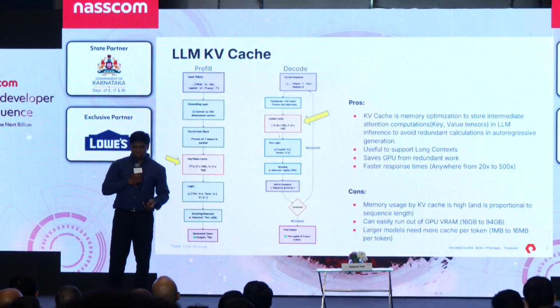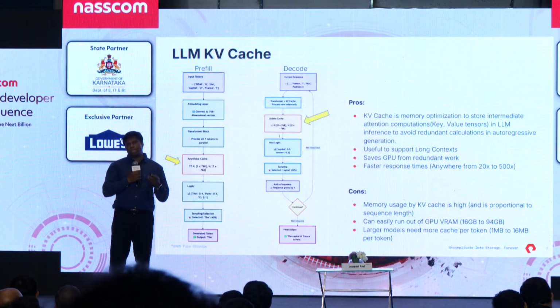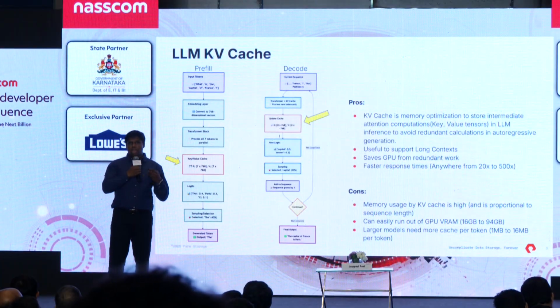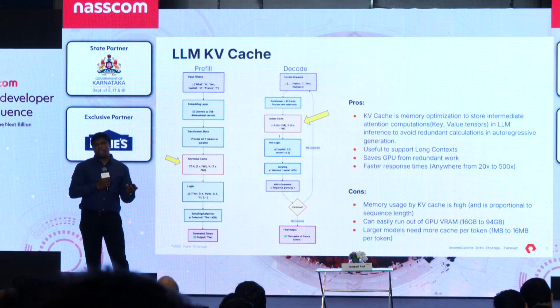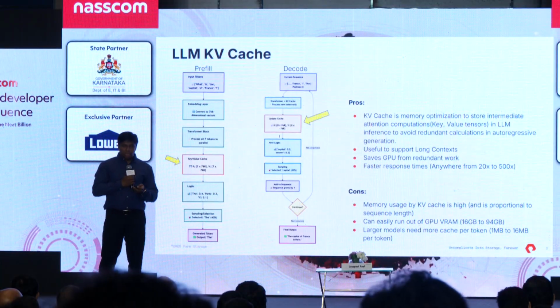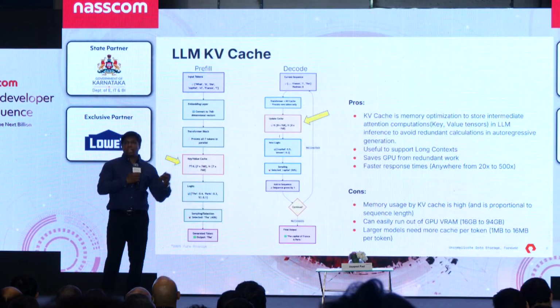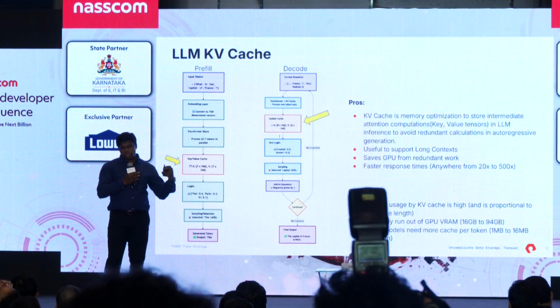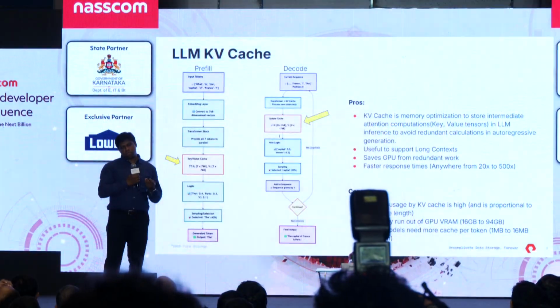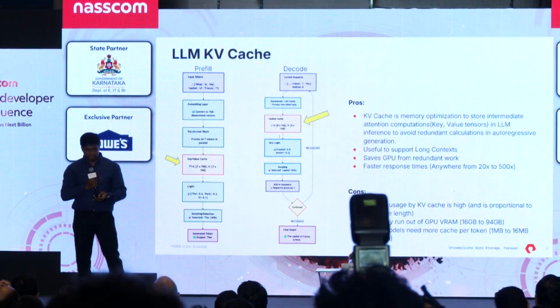One of the downsides is that repeated, redundant calculation keeps happening again and again. KV cache helps you save the context and reuse it. Larger models can support longer context, and they need a lot more storage. Per token, you could need 1 MB to 16 MB of storage.